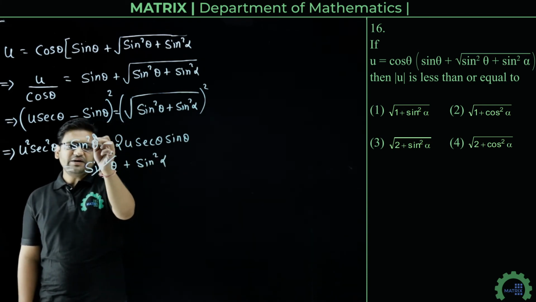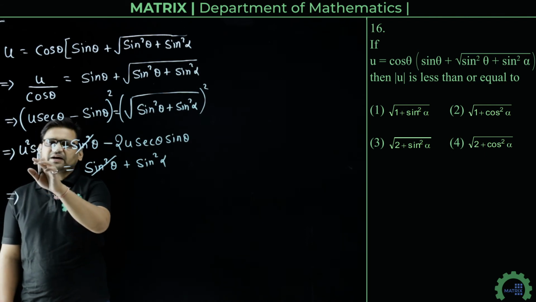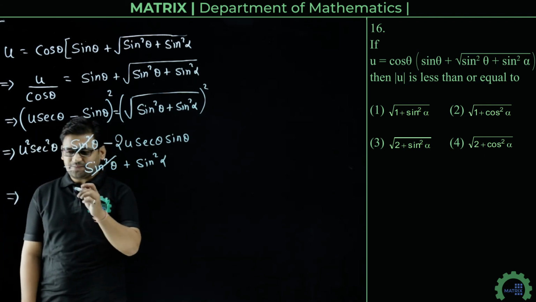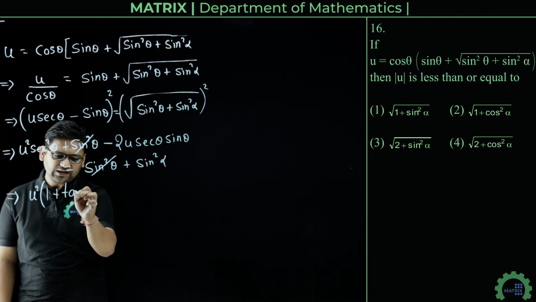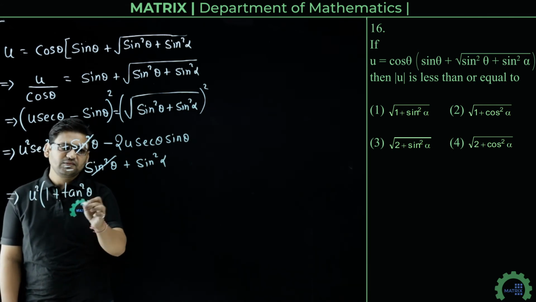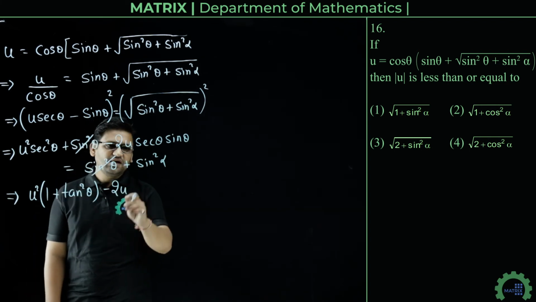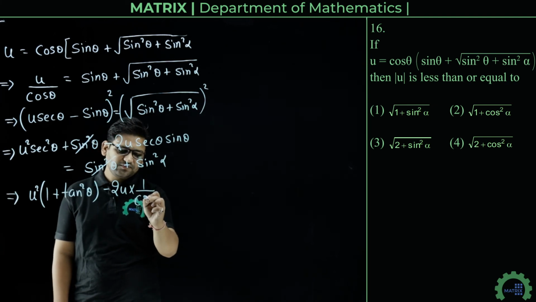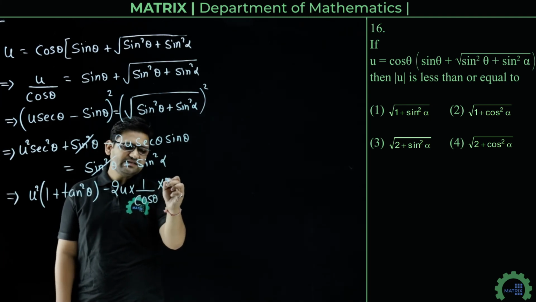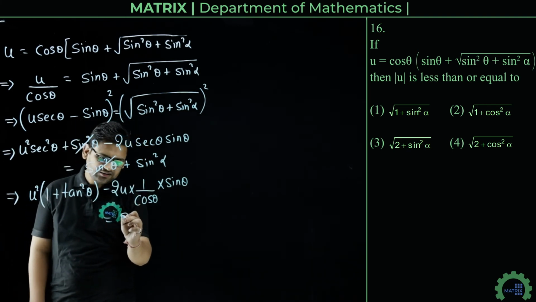Now sin square theta will cancel out each other, and sec square theta can be written as 1 plus tan square theta. So u square multiplied by 1 plus tan square theta minus 2u, we can write sec theta as 1 upon cos theta, multiplied by sin theta, equals sin square alpha.